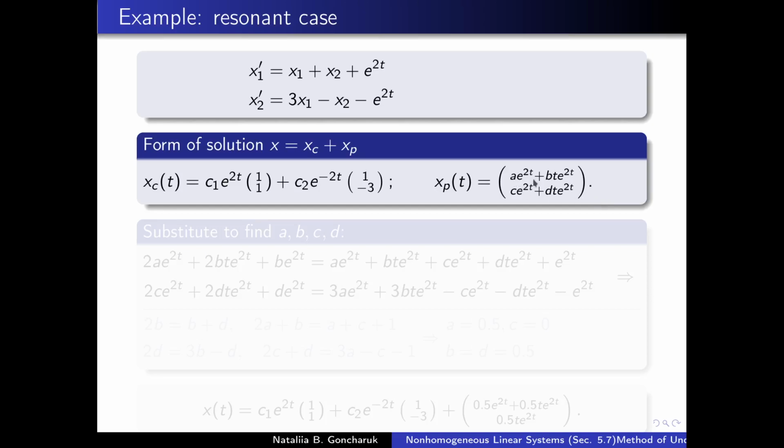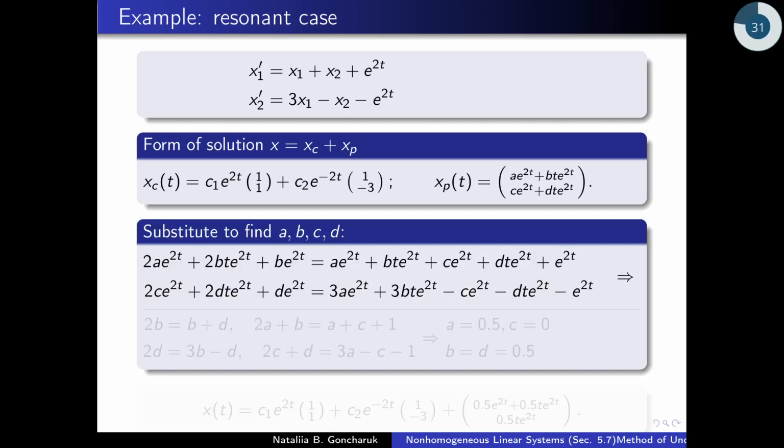I have 4 coefficients here. For undetermined coefficients, I will have to find them all. Now I'm substituting xp into the equation, which is not really pleasant. So what I do is, x1 is this expression, I differentiate it, and this is my x1 prime. Here it is.